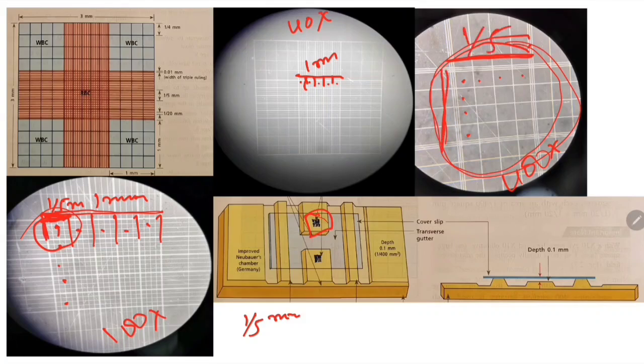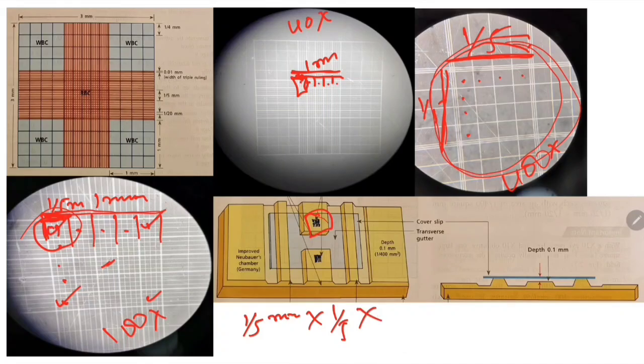So 1 by 5 into 1 by 5. This is the area of one box. This one box area is 1 by 5 millimeter into 1 by 5 millimeter, because this whole area is 1 millimeter. That's why this smaller area is 1 by 5 millimeter into 1 by 5 millimeter. And we are going to count 1, 2, 3, 4 and 5 areas.